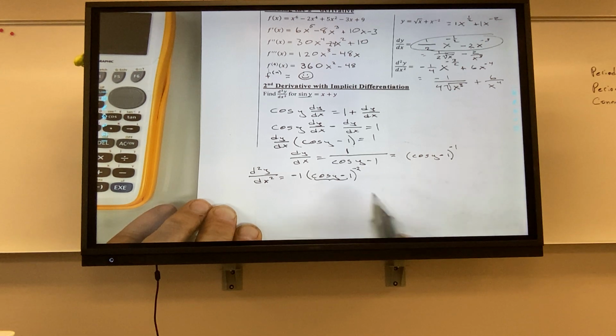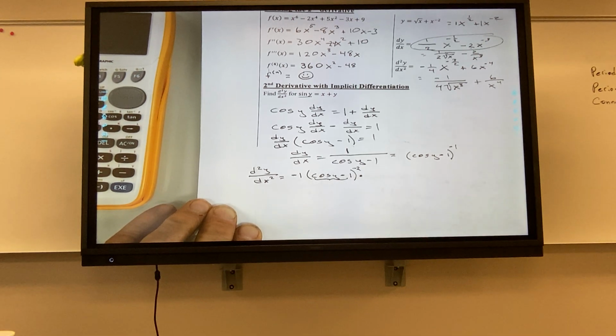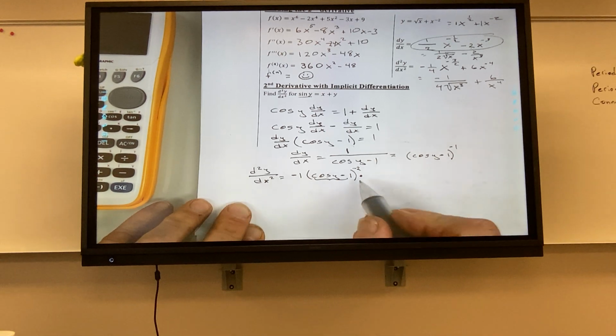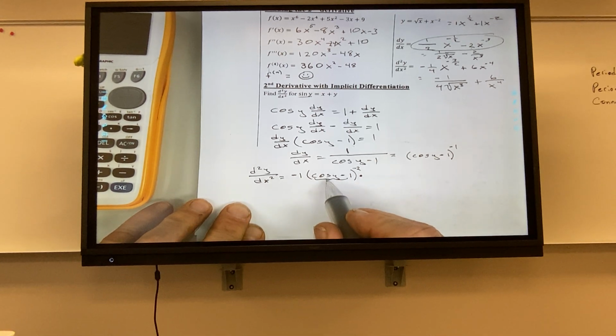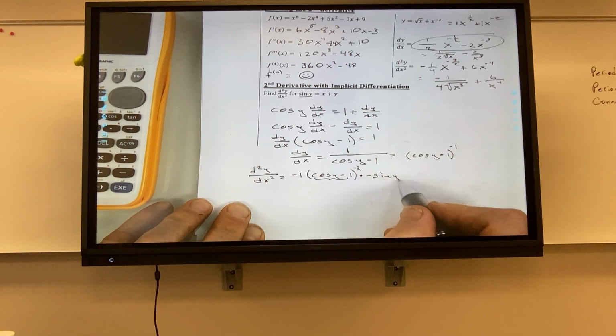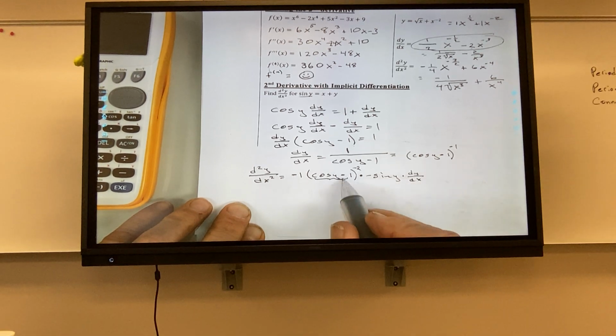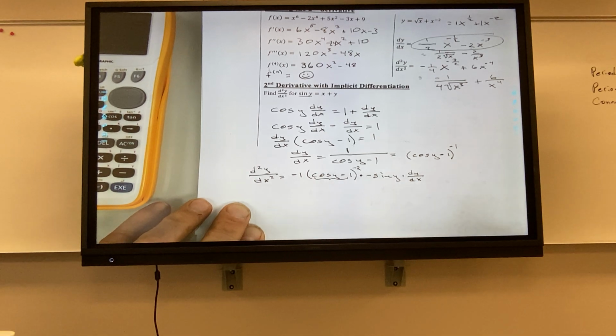Yeah. What's the derivative of cosine? And I'm gonna write times here. Got that? So what's the derivative of the cosine? Negative sine y dy over dx. Very good. Times dy dx, because you got that y in there. What's the derivative of minus 1? 0. Everybody got that?